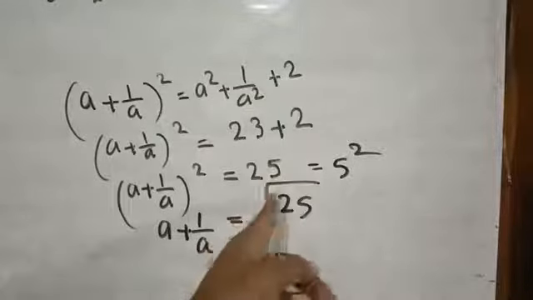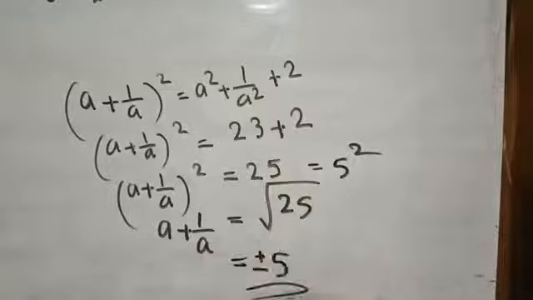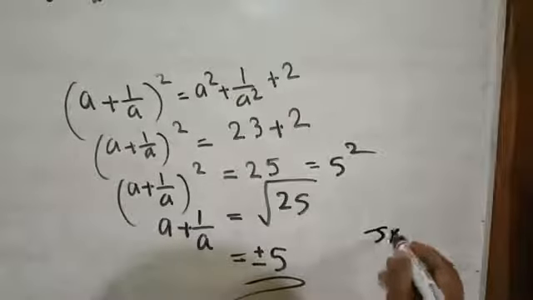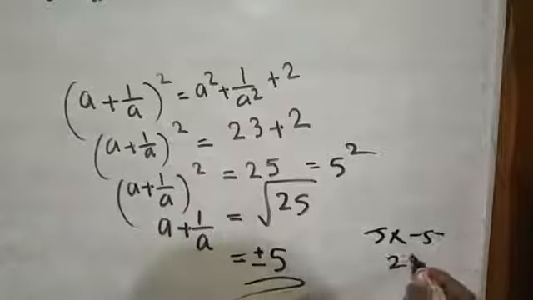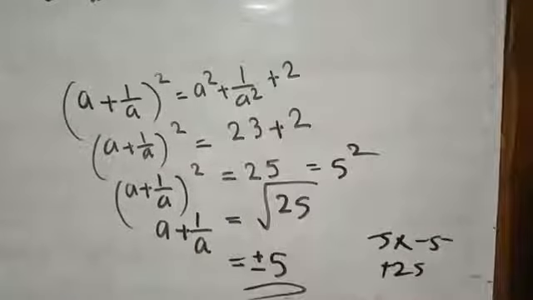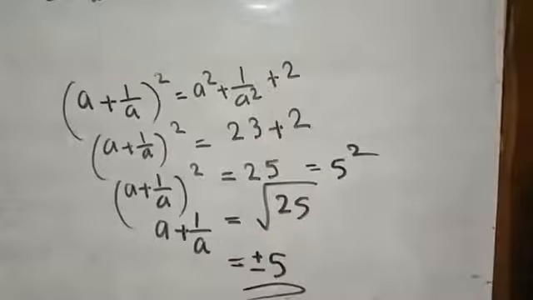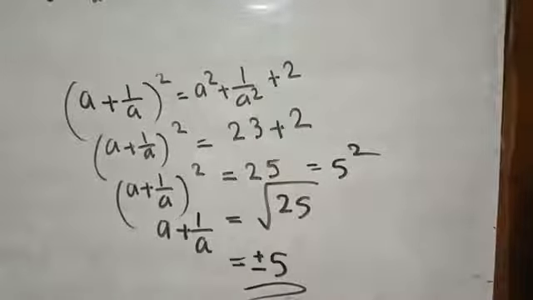Root 25 means 5 into 5, 25, and negative 5 into negative 5 is also 25. That's why we want to write both values here. If we are taking root, we want to find both the values.